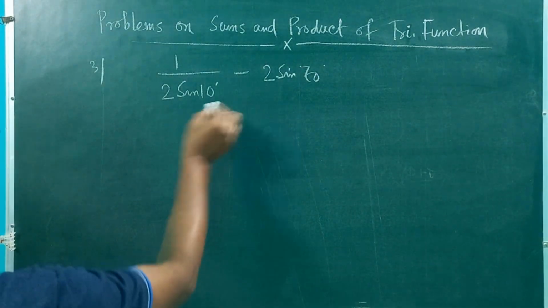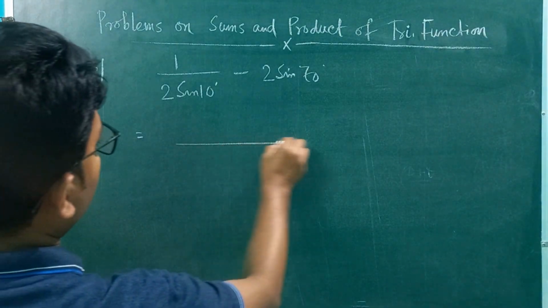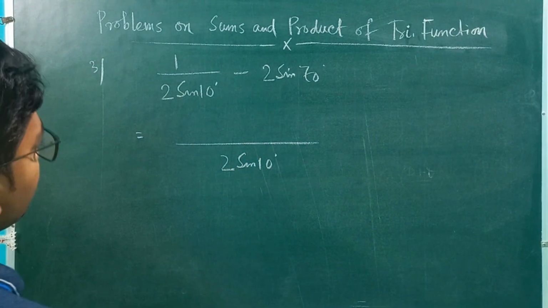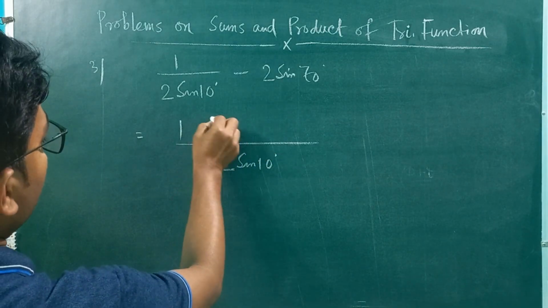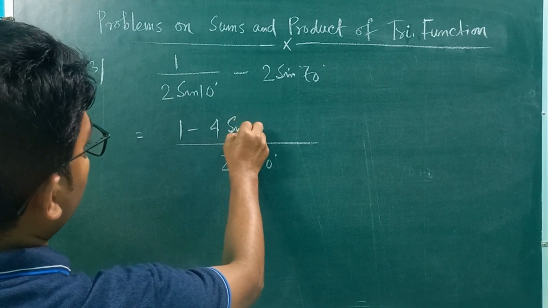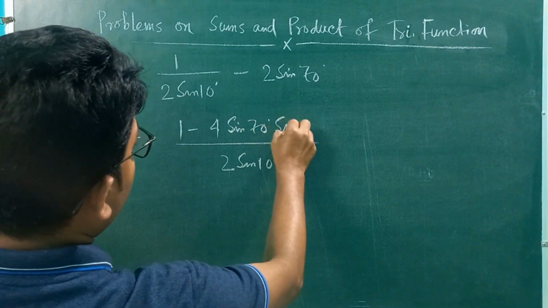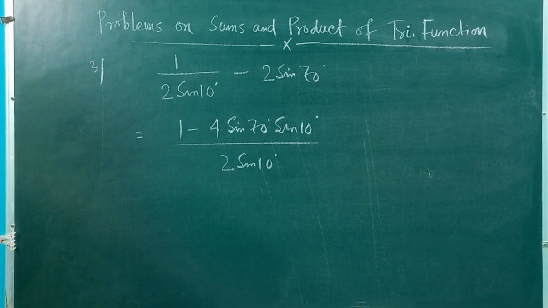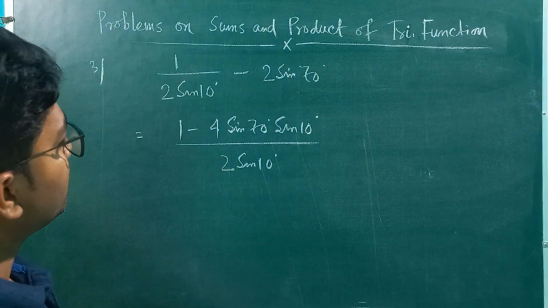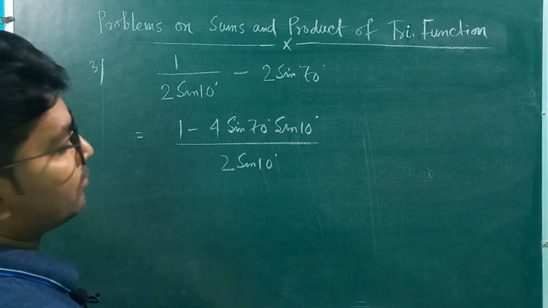We just simply add them. LCM will be 2 sin 10 degree. Now what will be the numerator? 1 minus 4 sin 70 sin 10 degree. Now we will apply the product rule here.